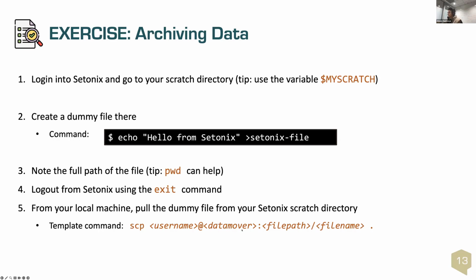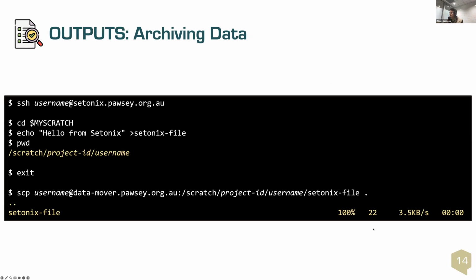Remember it's data-mover.pawsey.org.au and the destination. So remember always to have a destination. If not, you will have an error in the SCP. If the destination is the place where you are, the current directory, you need to specify the dot. These dots are usually overlooked when you are checking documentation, etc. But this dot means something. It's the current directory. Okay.